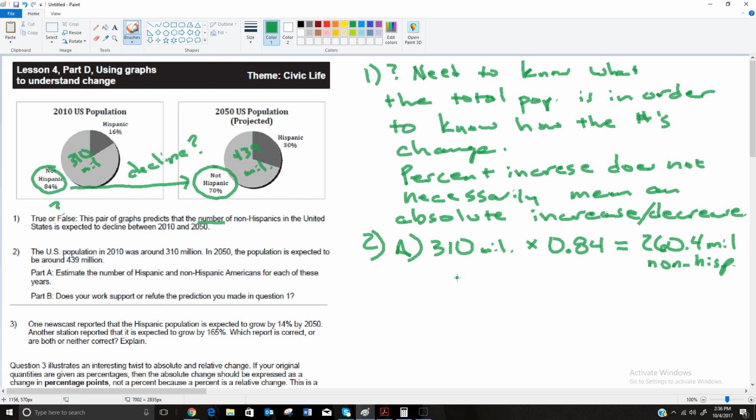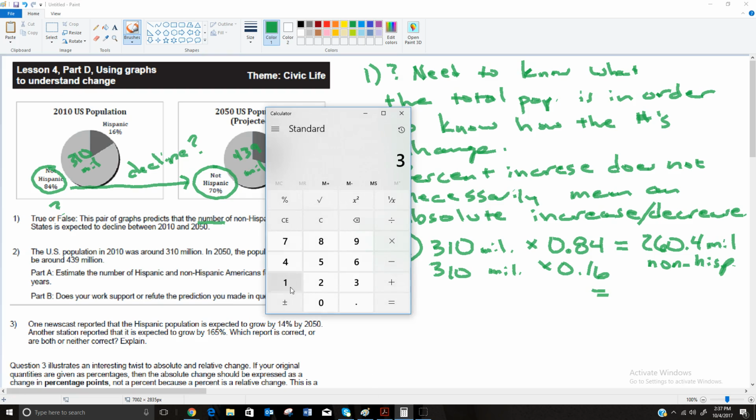Well, there's a couple different things we could do to get the number for the Hispanic population. We could either just subtract this from 310, so we could do 310 million minus 260.4 million because together they should total 310, or we could start over and do 310 million times 16%. Either way would get you the same answer. So 310 times 0.16 gets you 49.6.